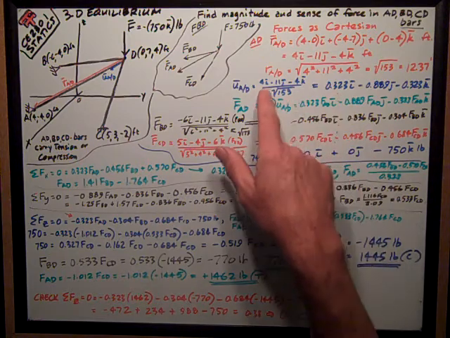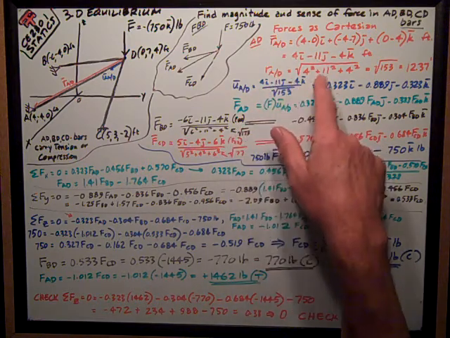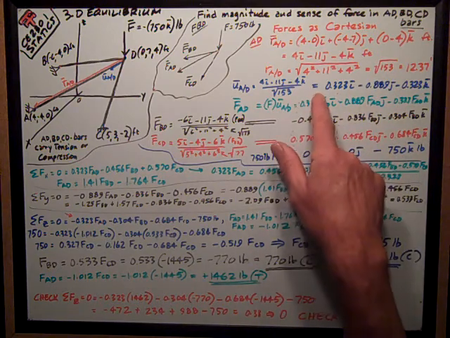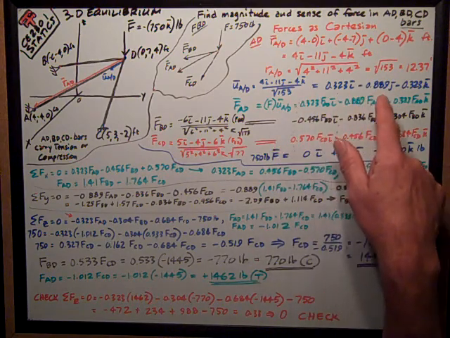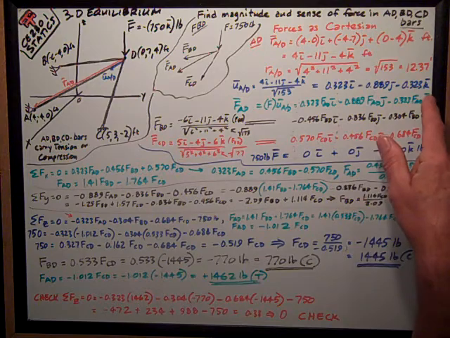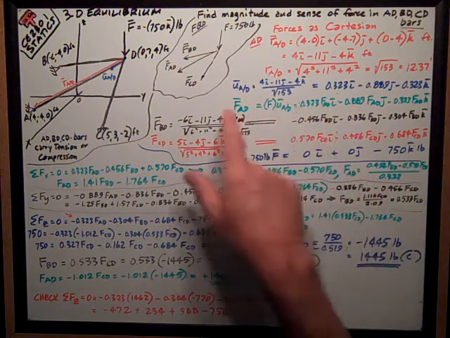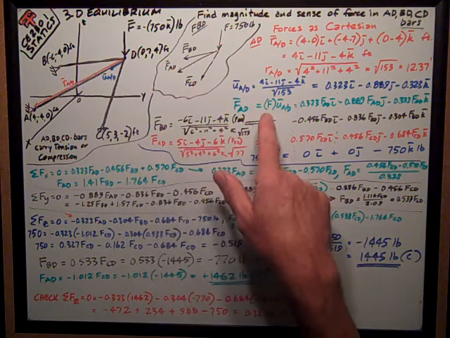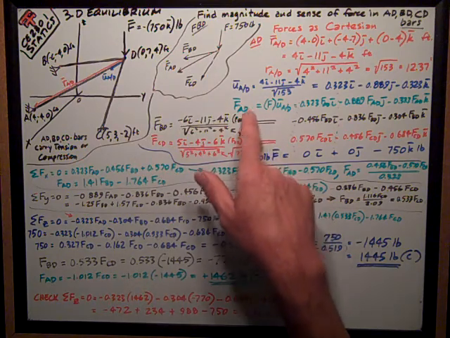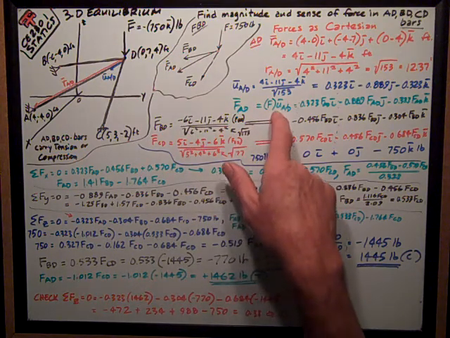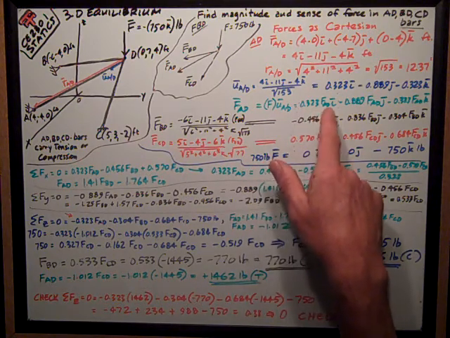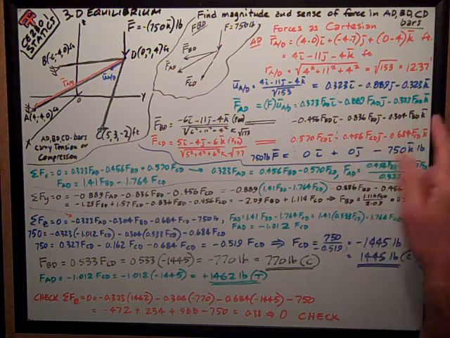I just divide the position vector in Cartesian by its length, and I get 0.323i minus 0.889j minus 0.323k. Then I can express vector FAD as the magnitude of it times the unit vector. So it's 0.323 FAD i, and so forth.